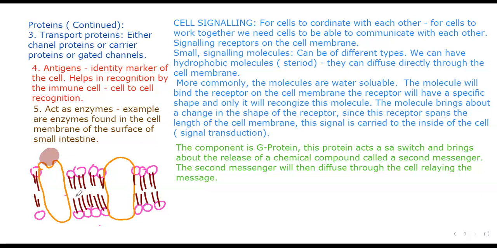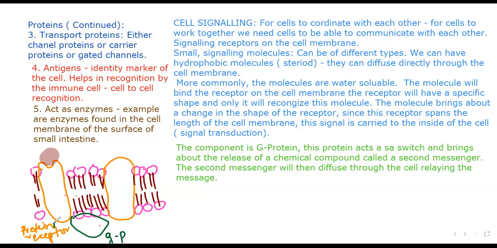When it binds, what's going to happen? This protein receptor will change its shape. And when it changes its shape, it's going to carry the signal to the inside of the cell to a very interesting protein that we call G protein.